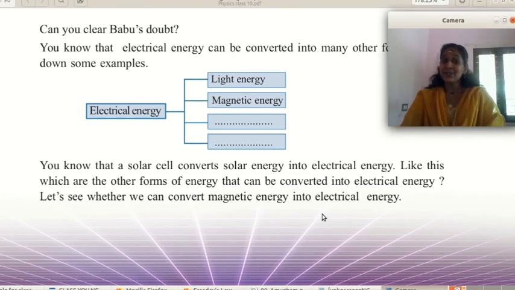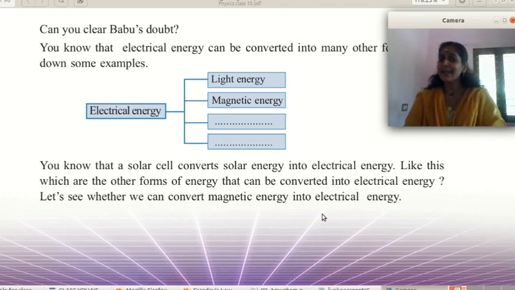You know that a solar cell converts solar energy into electrical energy. Nowadays, we use solar energy for various purposes. In most of the houses, there are solar water heaters.